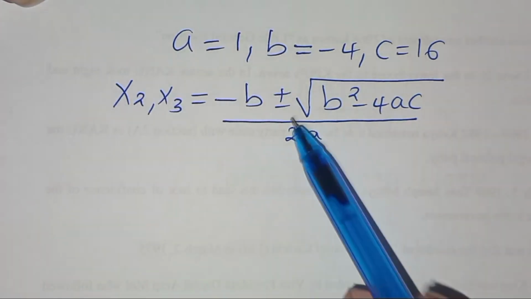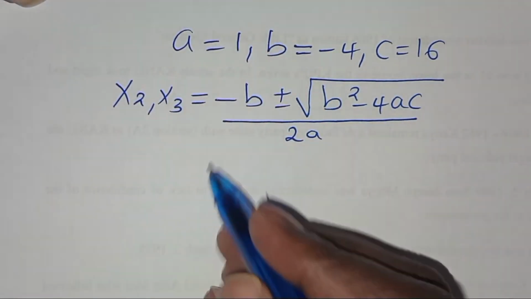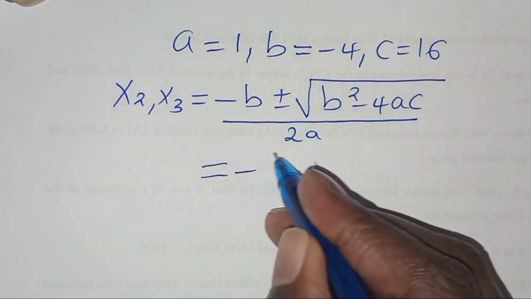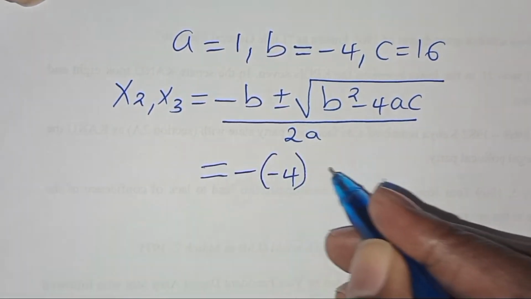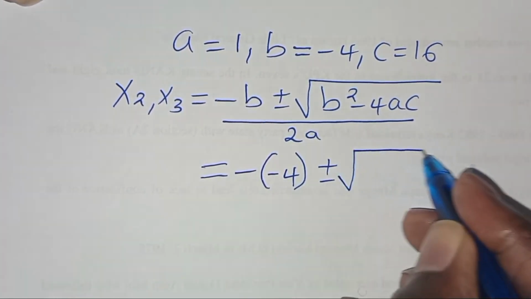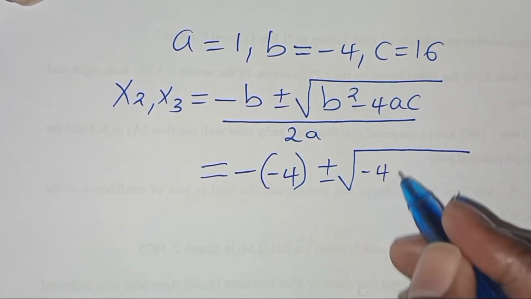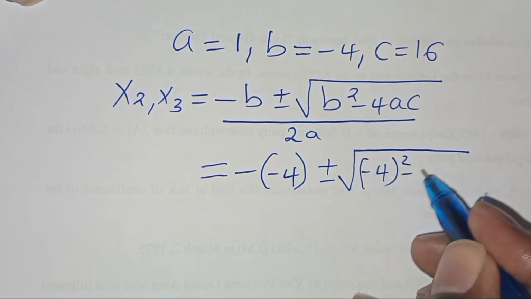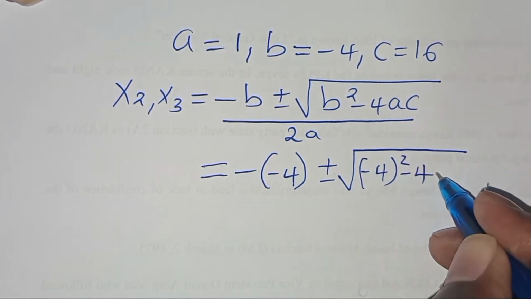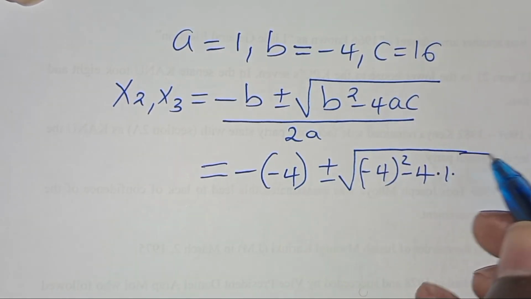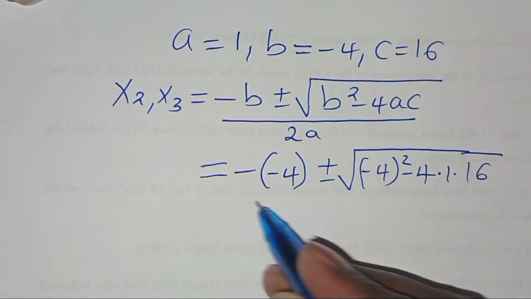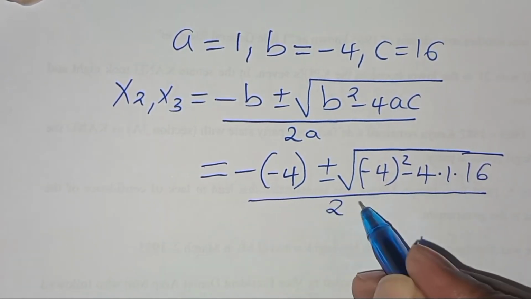Now substituting the values of a, b, and c, here we'll have minus minus 4 plus or minus the square root of b squared, that is minus 4 squared, subtract 4 times a, which is 1, times c, which is equal to 16, everything here divided by 2 times 1.